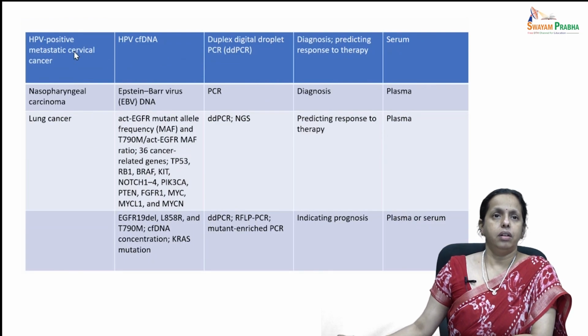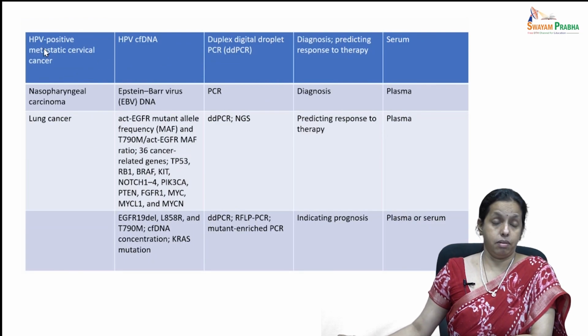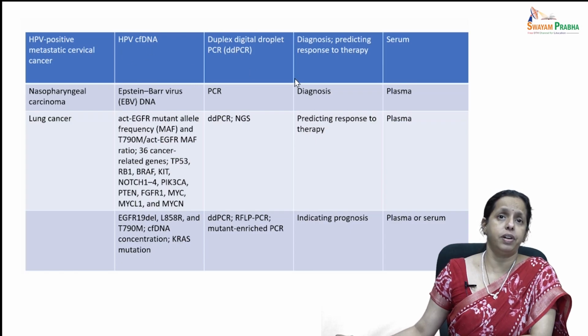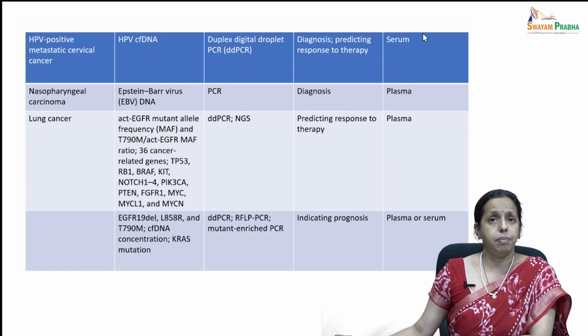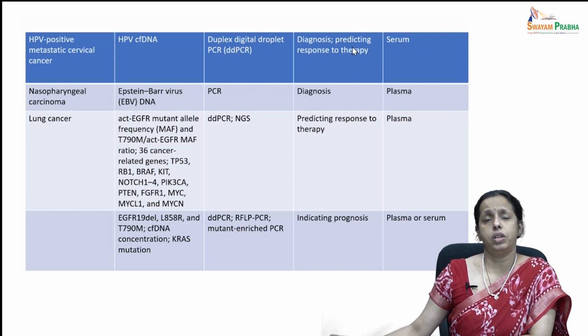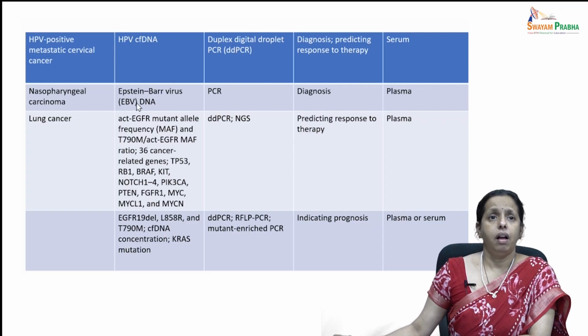For HPV also, using the duplex digital droplet PCR, you can look out for the HPV cell-free DNA, and it can be taken from the serum. This particular marker is used for diagnostics or predicting response to therapy. And then EBV DNA for nasopharyngeal carcinoma.